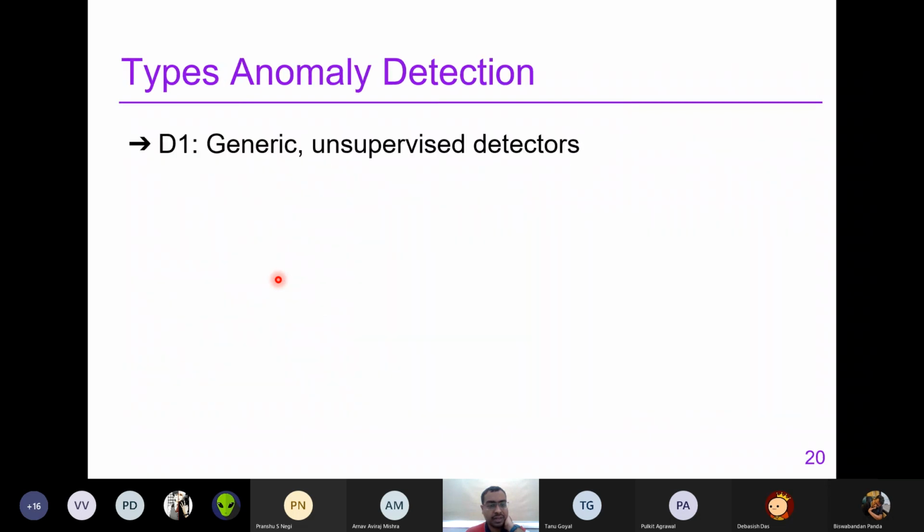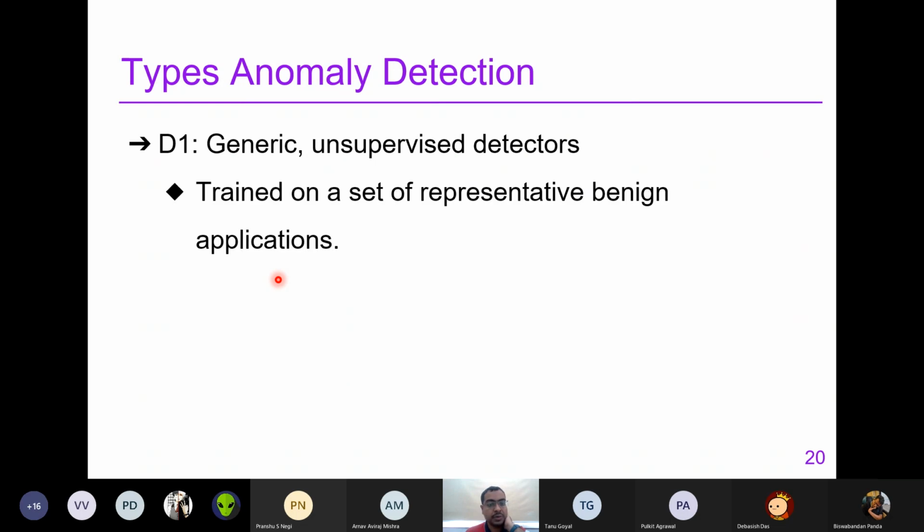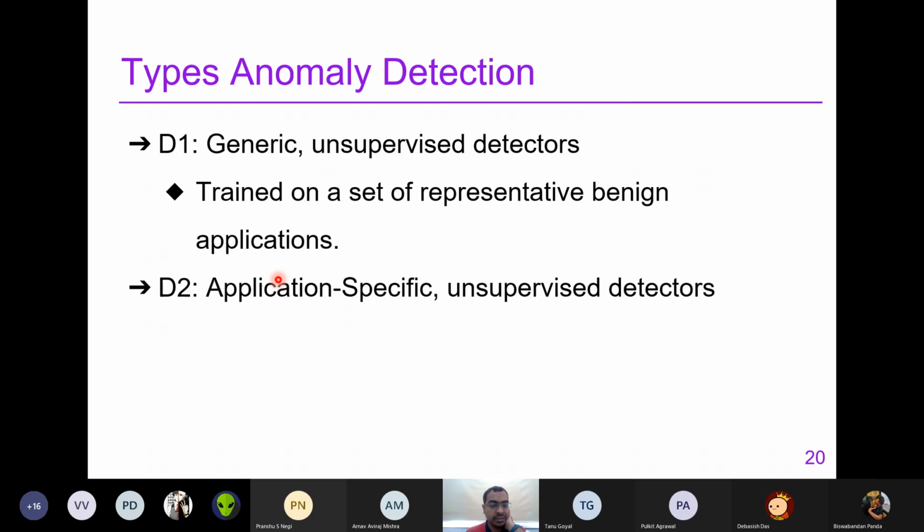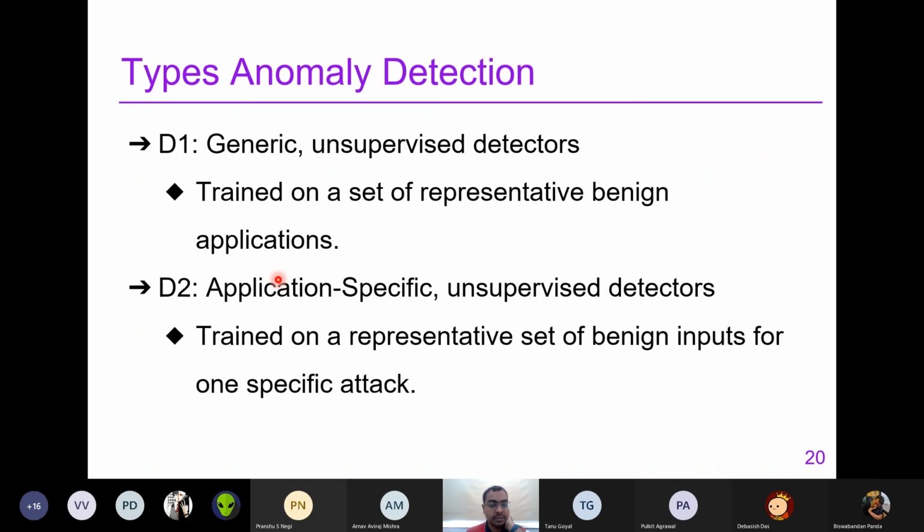There are different types of anomaly detectors. The first type is generic unsupervised, where we train on a representative set of benign, that is harmless, applications. The second is application-specific unsupervised, where we train for a specific harmless application which imitates the behavior of a harmful application. One example is Spectre benign.